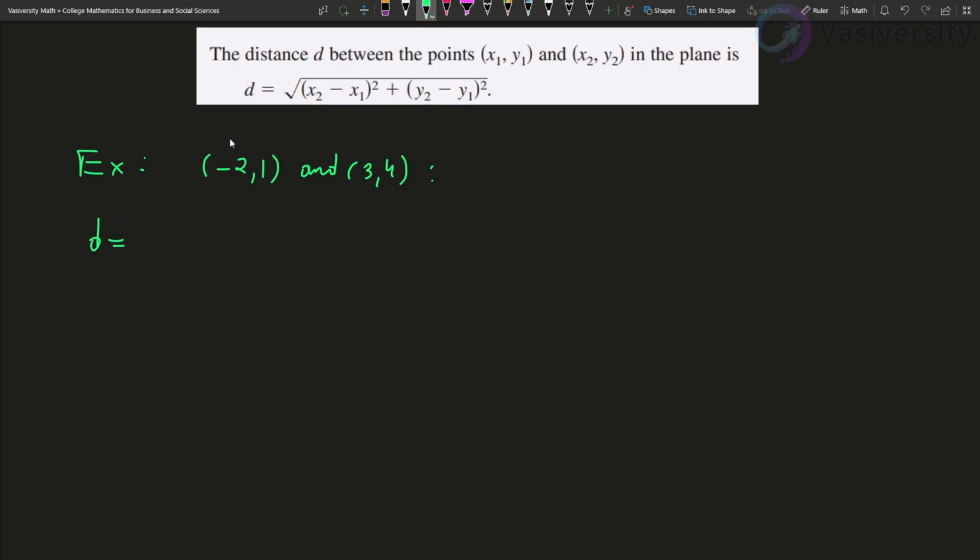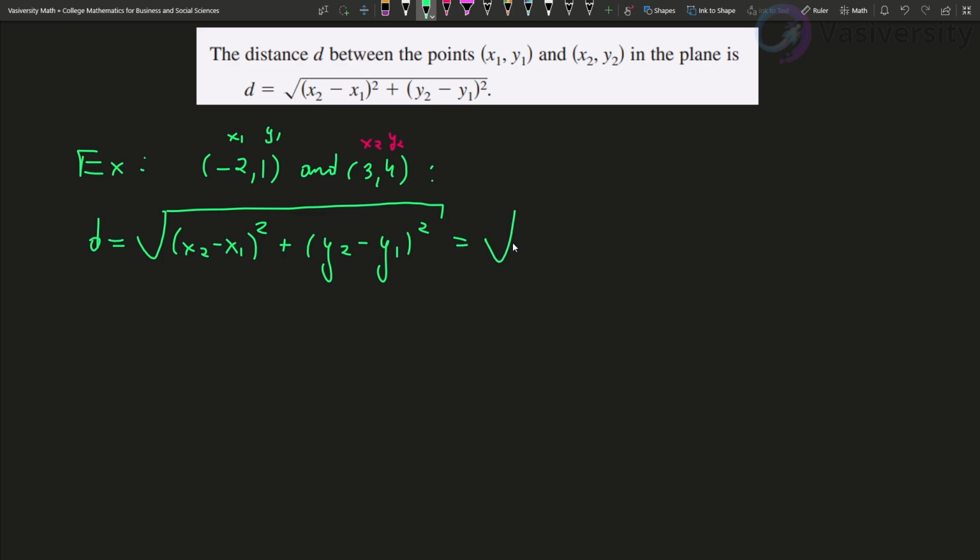We have our x1, y1, and then we have our x2, y2. We're going to have the square root of x2 minus x1 squared plus y2 minus y1 squared.